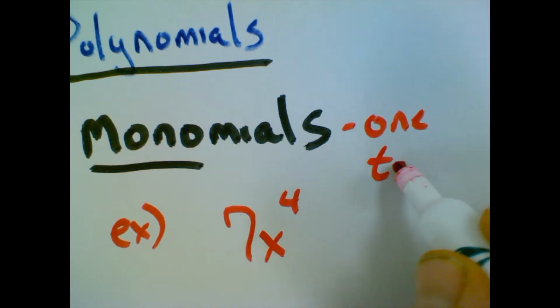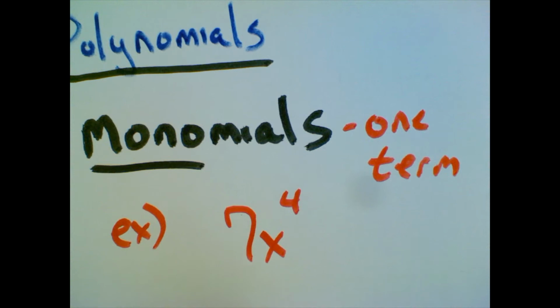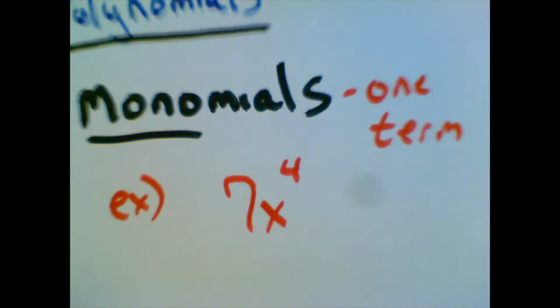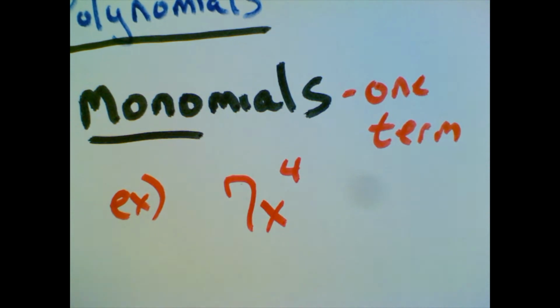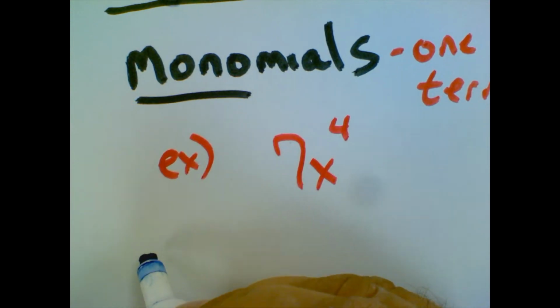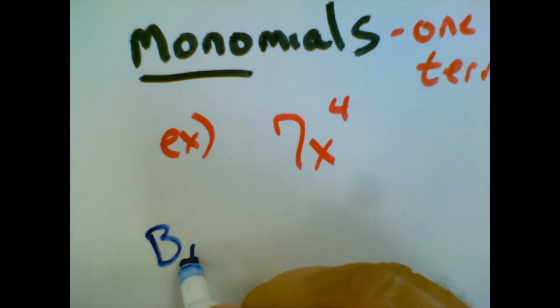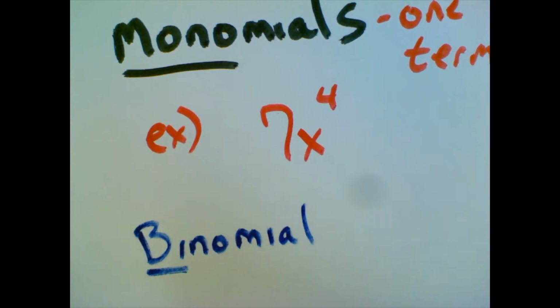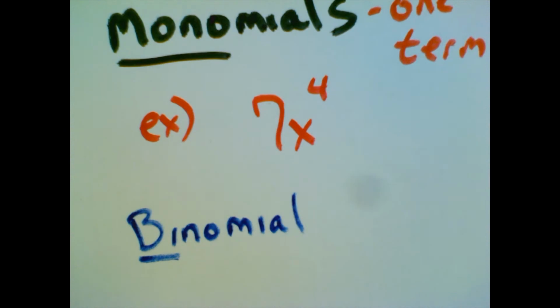One term. Okay? Well, what do we call something with two things? If you think of a bicycle, bicycles have two wheels, so it would make sense that a binomial is a polynomial with two different terms. So the next category we'll look at is what's called a binomial, two terms.